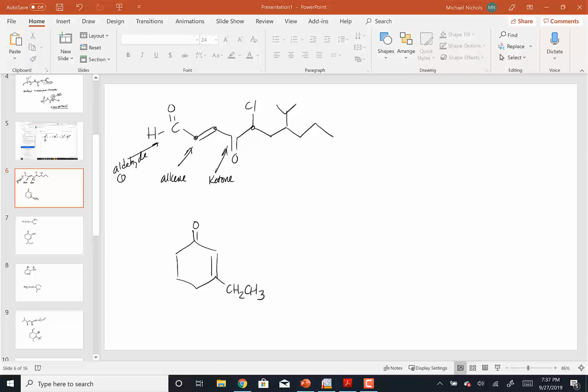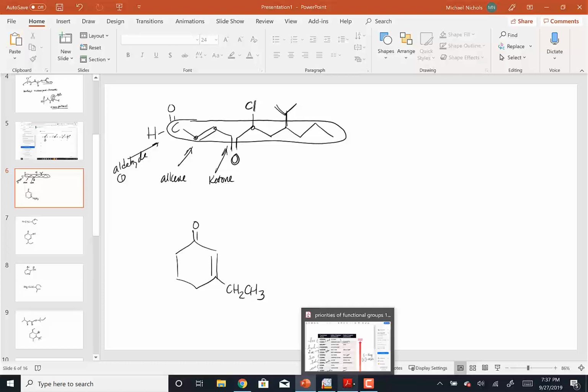So now let's find the longest continuous carbon chain that contains those functional groups. Now we have a chloro group here, an isopropyl group there, and then what do we do with this ketone group?